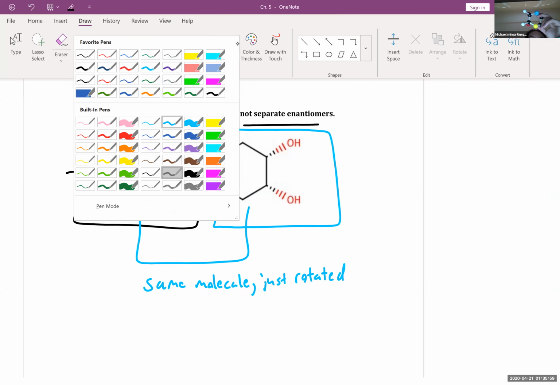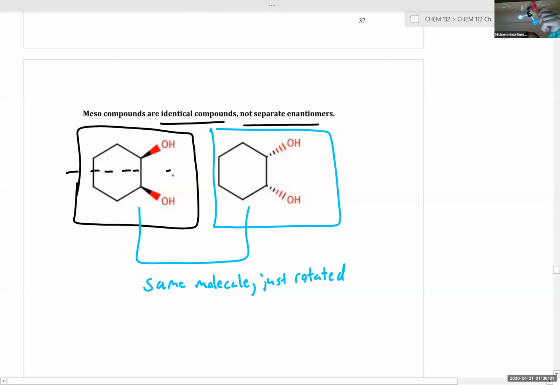They're not enantiomers. If you can generate your enantiomer, in quotes, via rotation, then it's not a genuine enantiomer. Does that make sense to everyone? Is everyone comfortable with this idea of meso compounds?